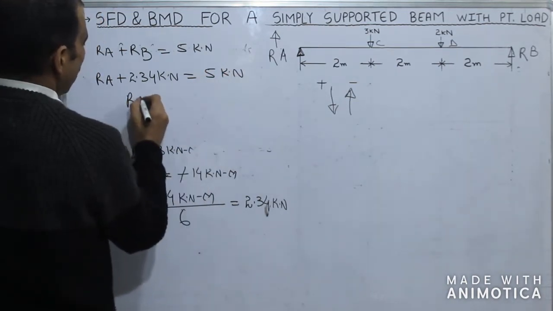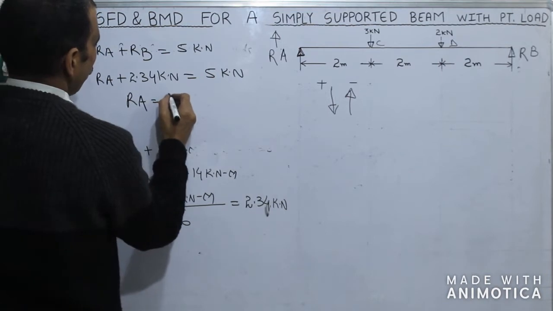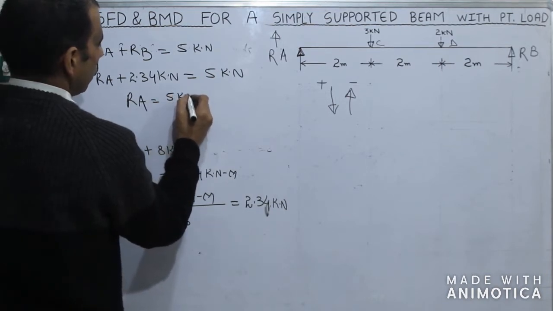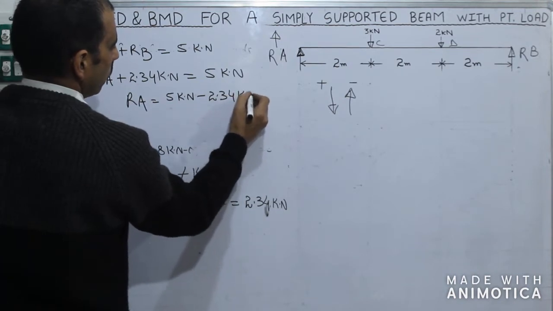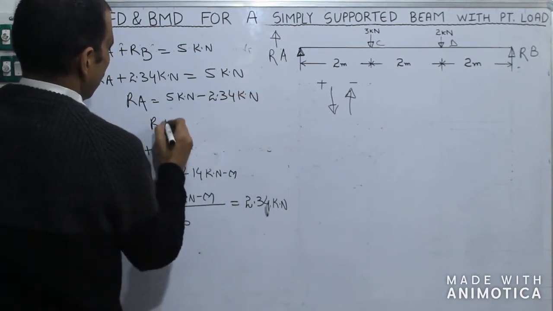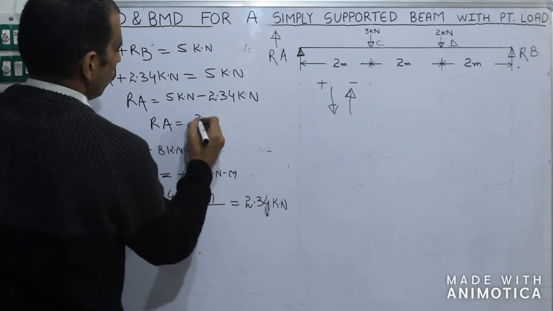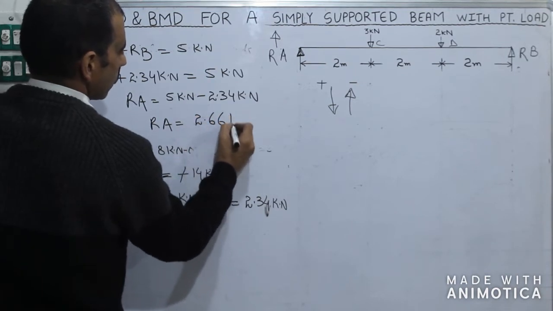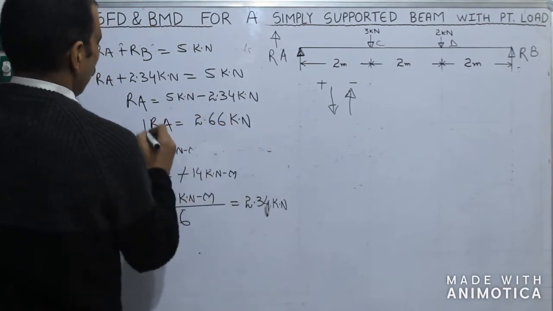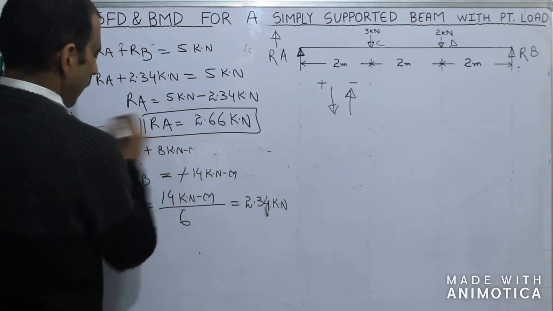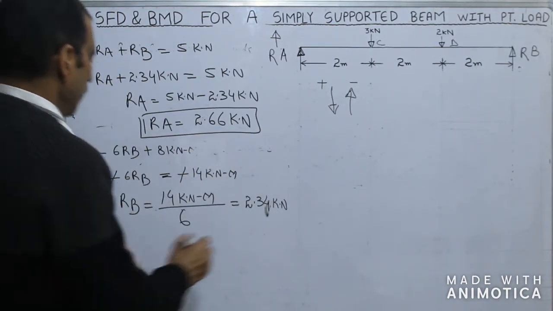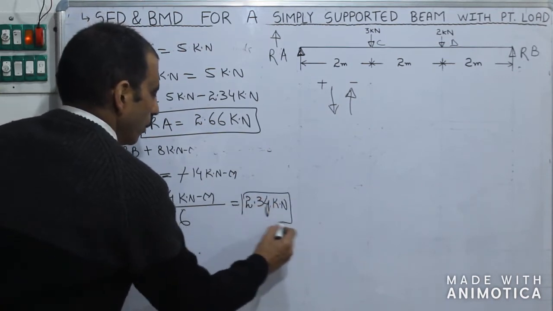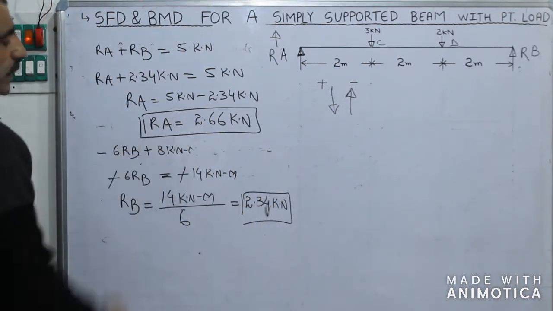That is RA is equivalent to 5 kilonewton minus 2.34 kilonewton. That is RA is equal to 2.66 kilonewton. We have calculated both reactions, RA as well as RB. RB is 2.34 and RA is 2.66.